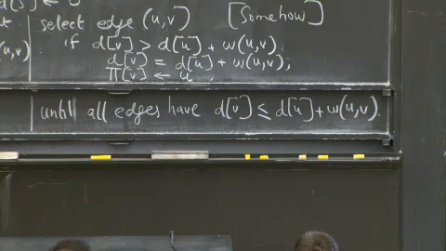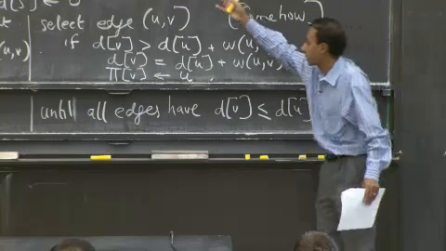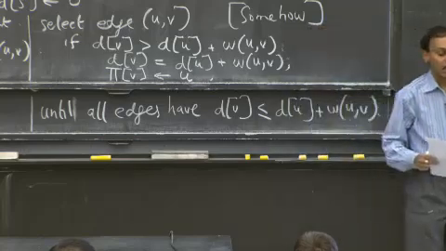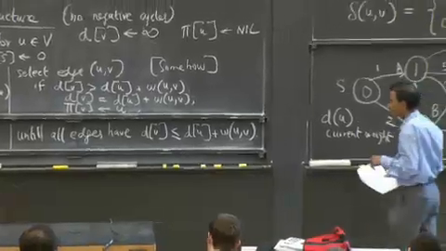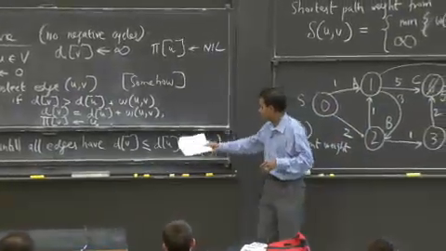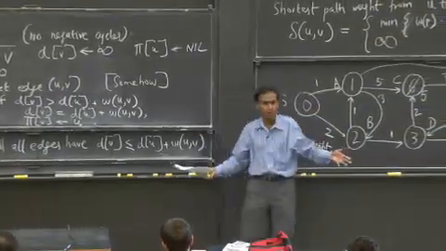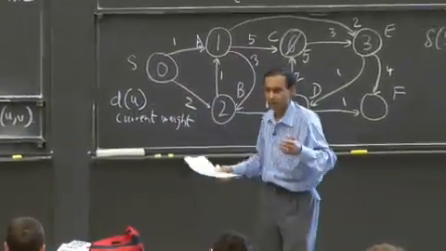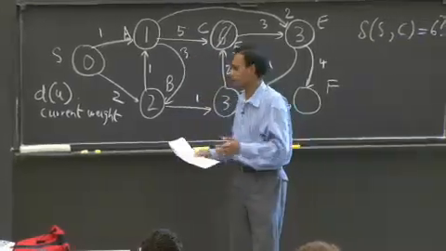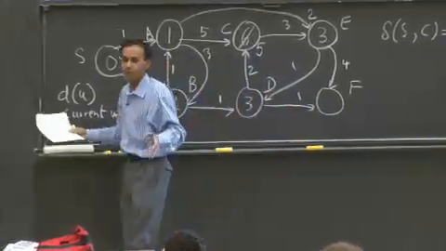It will work for no negative cycles, and if you just randomly select these edges and keep going, I'll give you an example in a minute where it works pretty badly. But this is an algorithm. So I guess I lied when I said we weren't going to give you an algorithm. It is an algorithm, just one that you never want to implement.